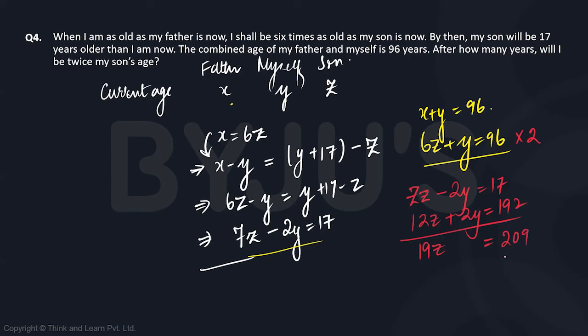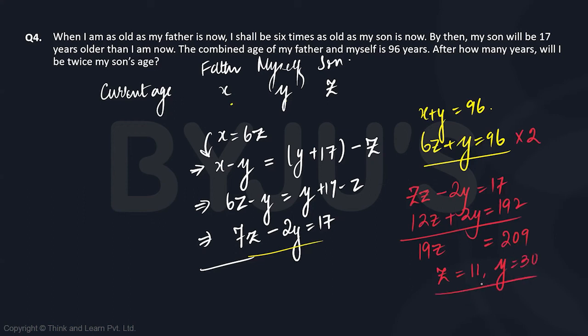So this is going to result in Z is equal to 209 divided by 19. So this is going to be 11. And if we put the value of Z back, we will have Y is equal to 96 minus 66. So that is going to be 30. So we'll get Y is equal to 30.